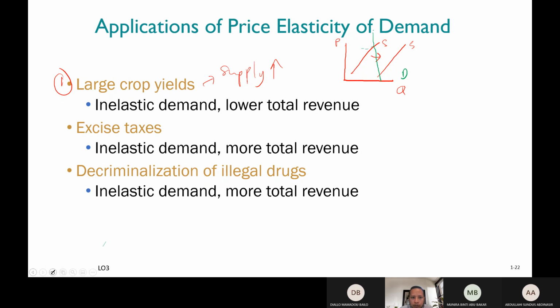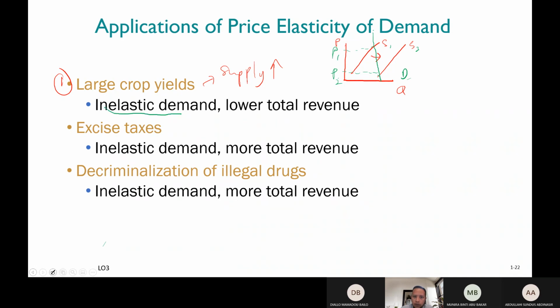So the price changes because of the higher supply. Price 1 is here, supply 1 is here, supply 2 is here.